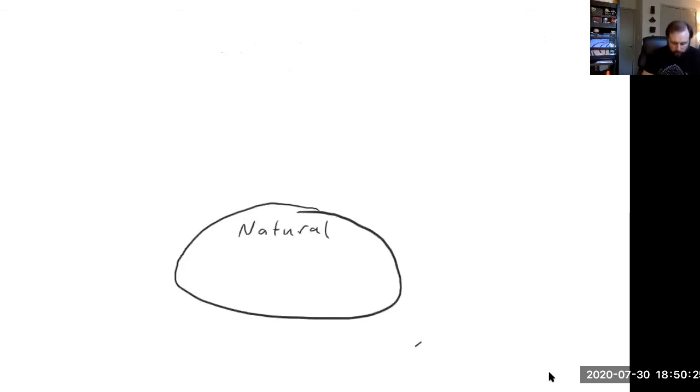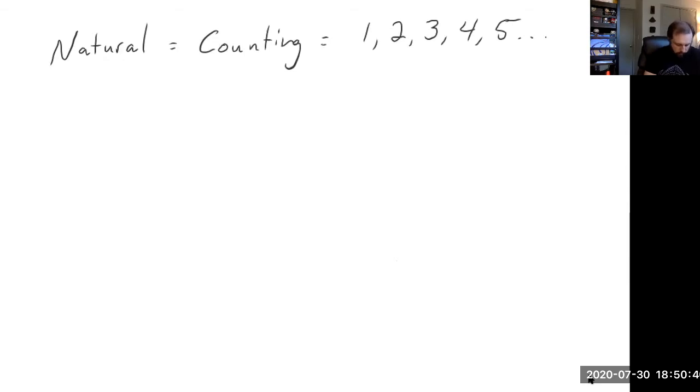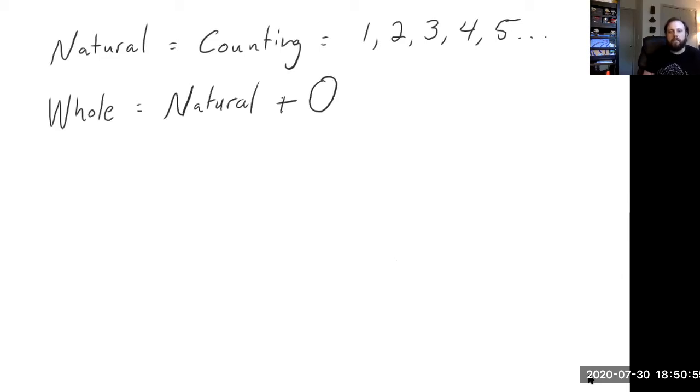The next group that we're going to talk about are the whole numbers. So whole numbers, what we do is we take those natural numbers, so all of the natural numbers, and we're going to add one extra number to it, and that's 0.